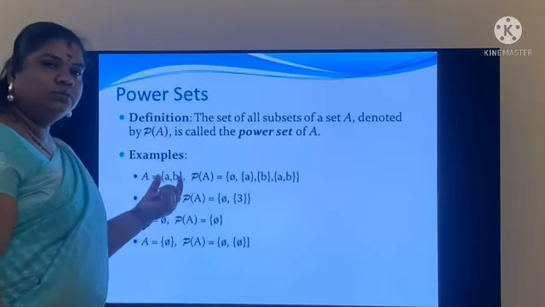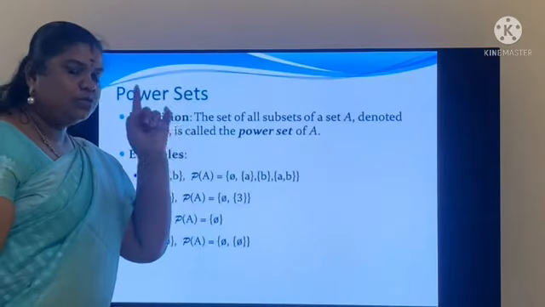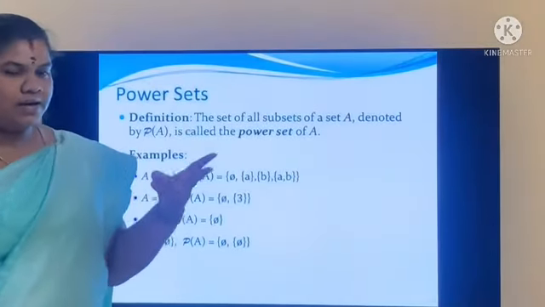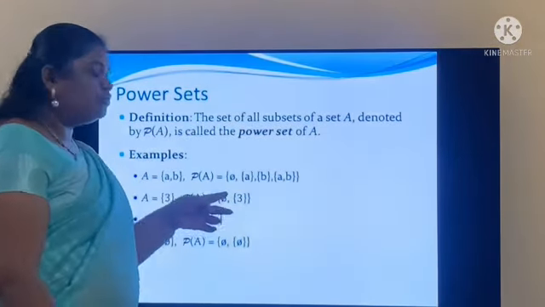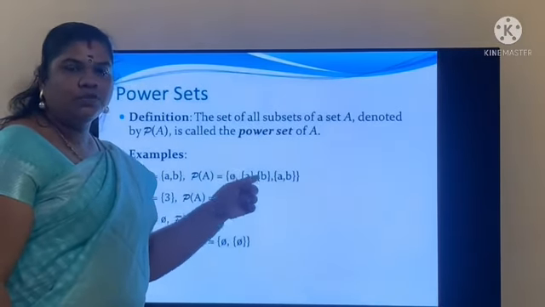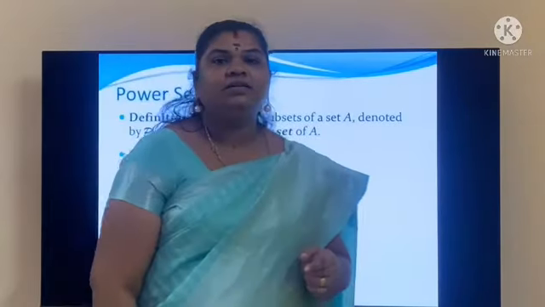So 2 power 2 is 4. So 2 power m is the formula I told you, where m is the number of elements present in the set. The set has 2 elements, therefore 2 power 2, which is 4. Do I have 4 subsets here? 1, 2, 3, 4. So that is the formula to find the number of subsets in a set.